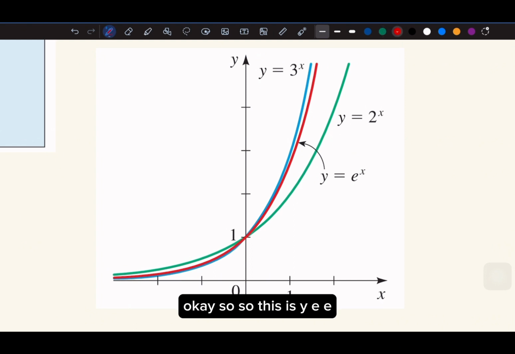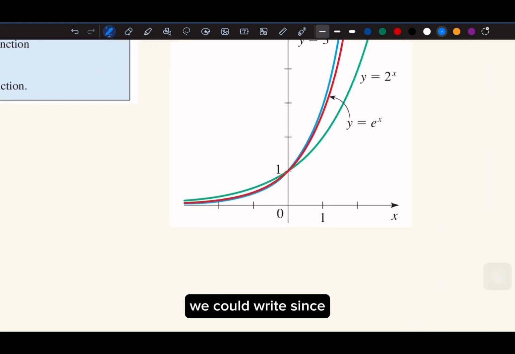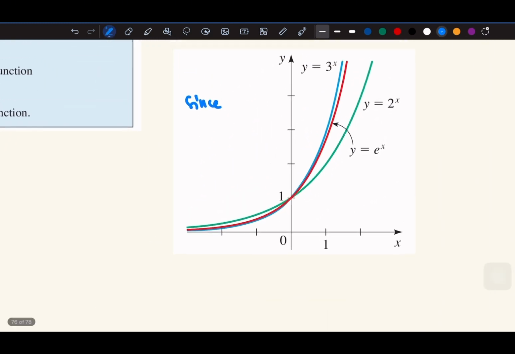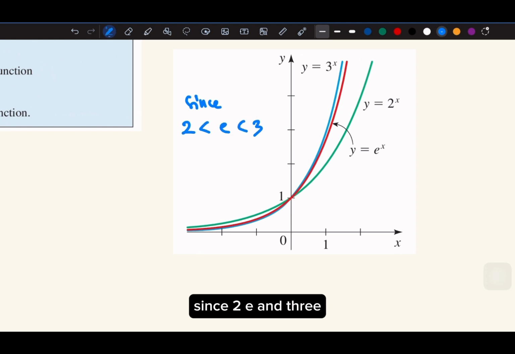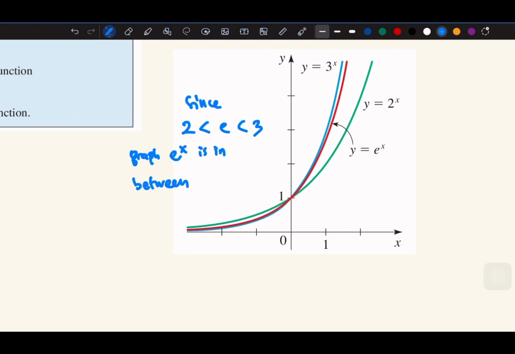So this is y equals e to the power of x. So we could write, since 2, e and 3, the graph is in between.